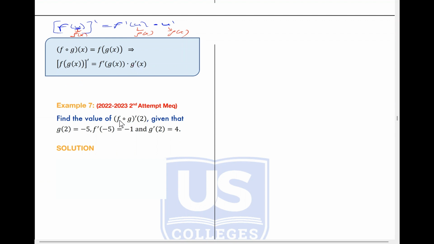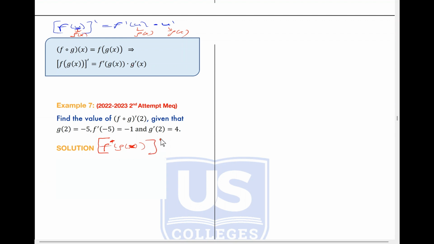Now, what do I do here? Find the value of f of g of 2 prime. Well, we need to take derivative of this composition. Let's substitute 2 later. Let's take derivative of this.